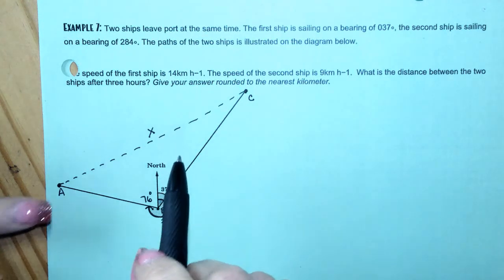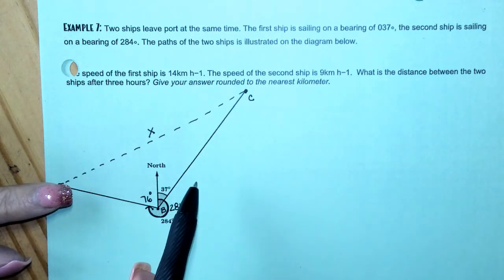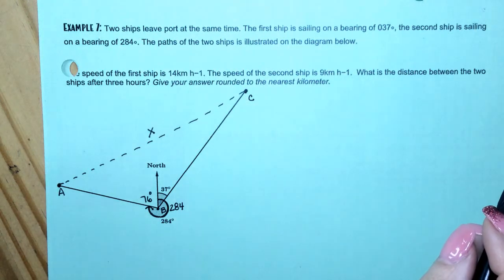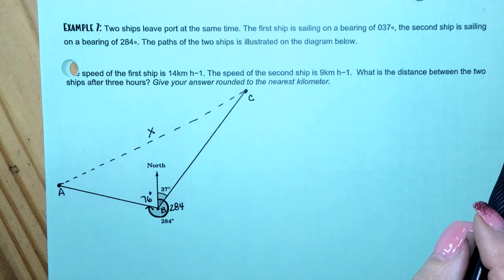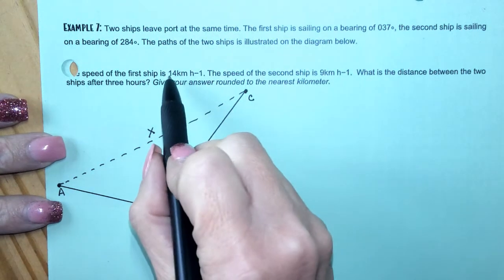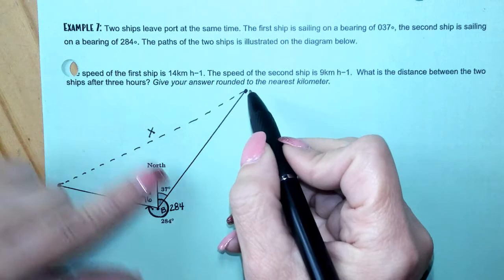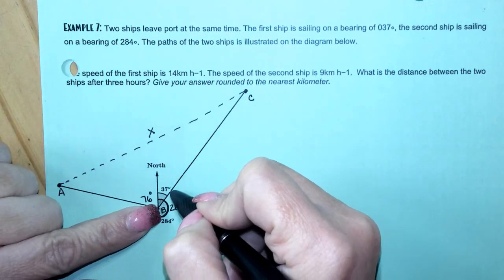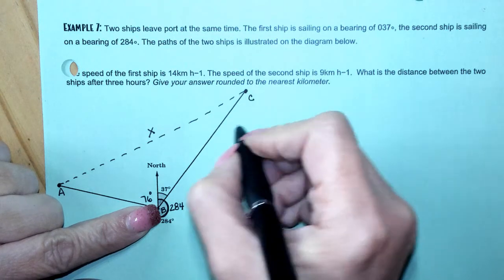I also know, what else do I know? What is the distance? Let's see. Oh, I know what it was. They gave me the speed of the first ship, 14 kilometers per hour, so he's going faster, so he's going to go the furthest.